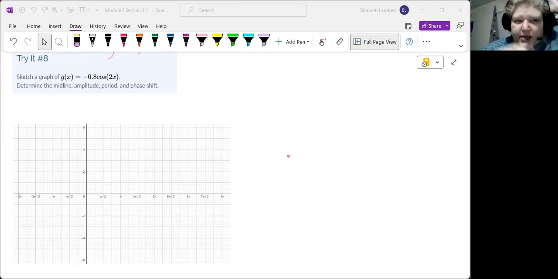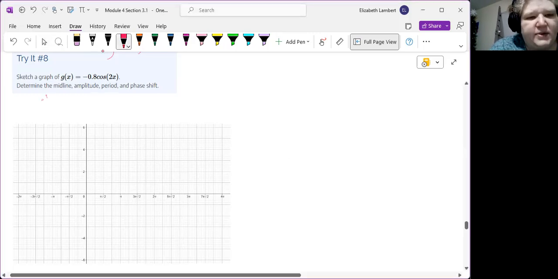All right. So here, our try at number 8, they gave us the function g of x equals negative 0.8 cosine of 2x. All right, so our midline is again y equals 0. This has not been shifted.